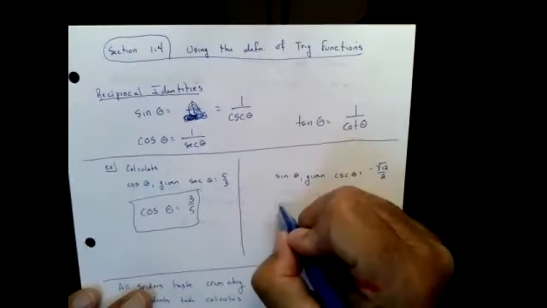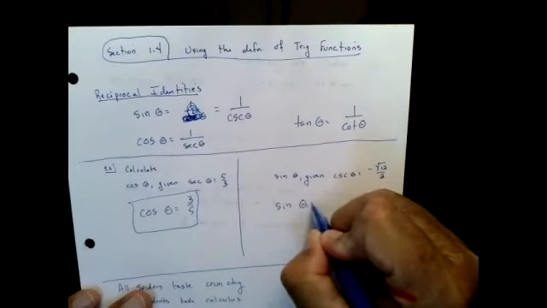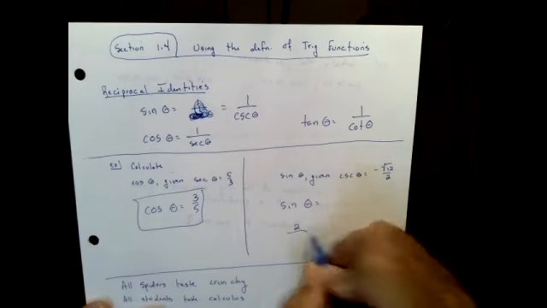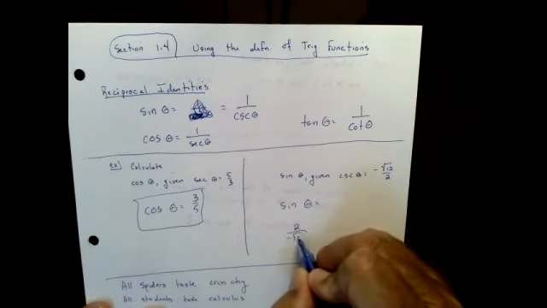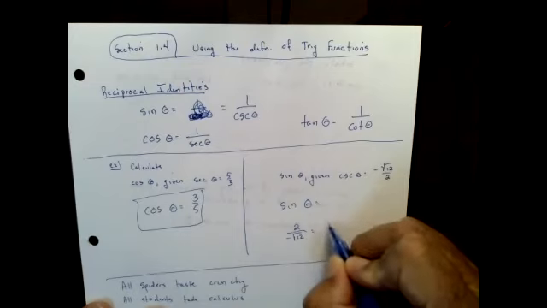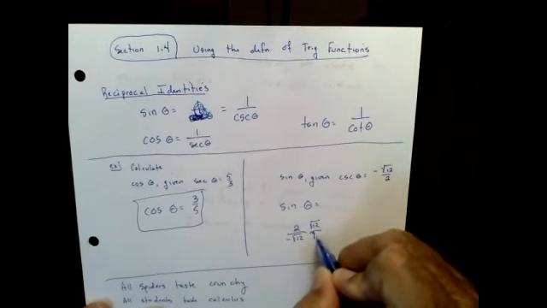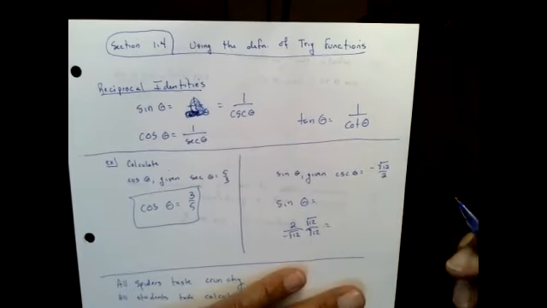So then the sine of theta is going to be 2 over the square root of 12, and I need to rationalize top and bottom by the square root of 12.